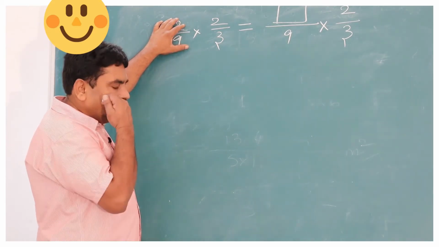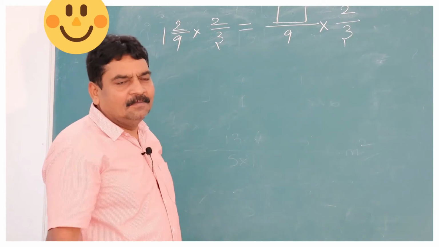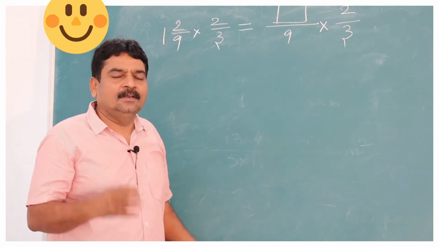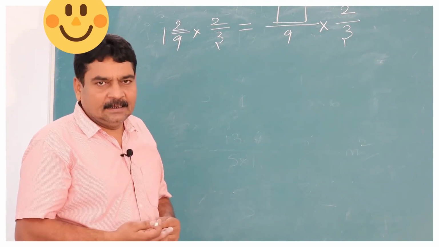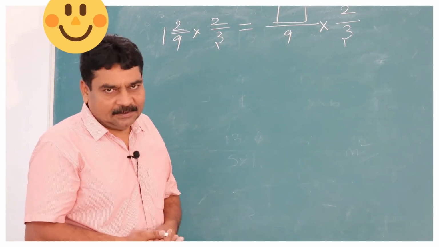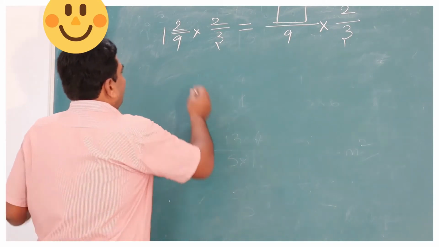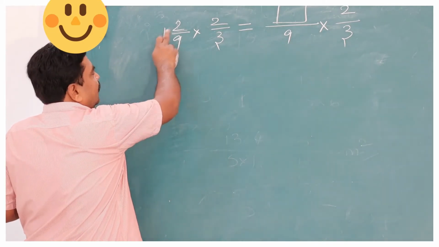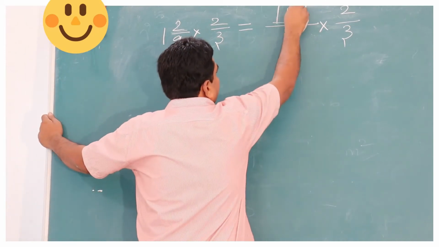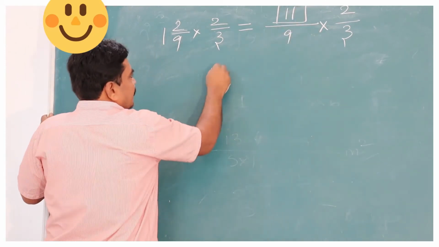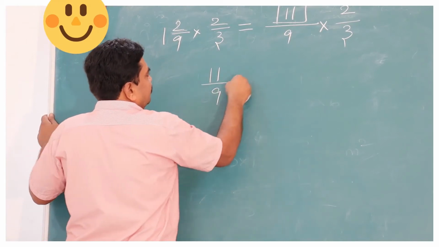Whenever you convert a mixed number, you will get an improper fraction only. You are not going to get a proper fraction. Multiply, 9 ones are 9 plus 2, 9 10 11, 11 by 9. So this is 11 by 9. In the next step I'll write down the same thing.